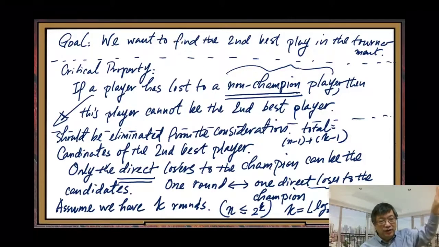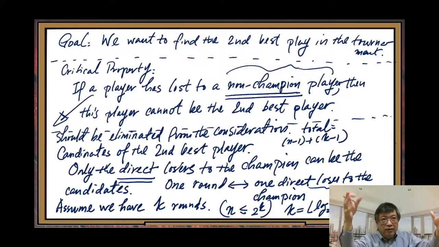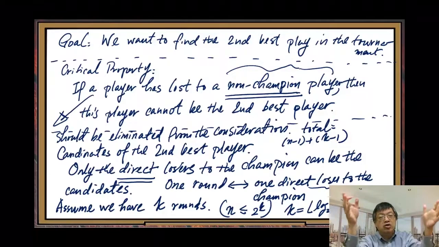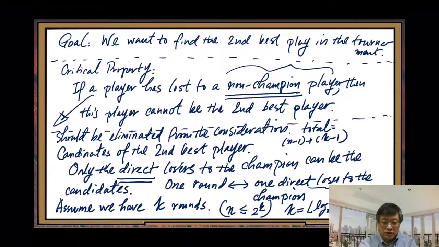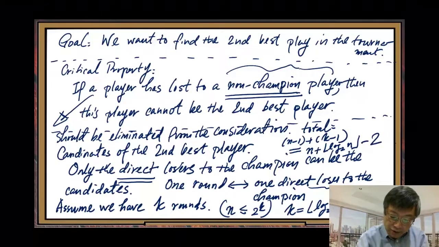After that, we identify all the direct losers. Then, from those direct losers, we pick the best one with k minus 1 more comparisons. So the final answer is n plus k minus 2, where k is the floor function of log base 2 of n. All right, that is the final answer.